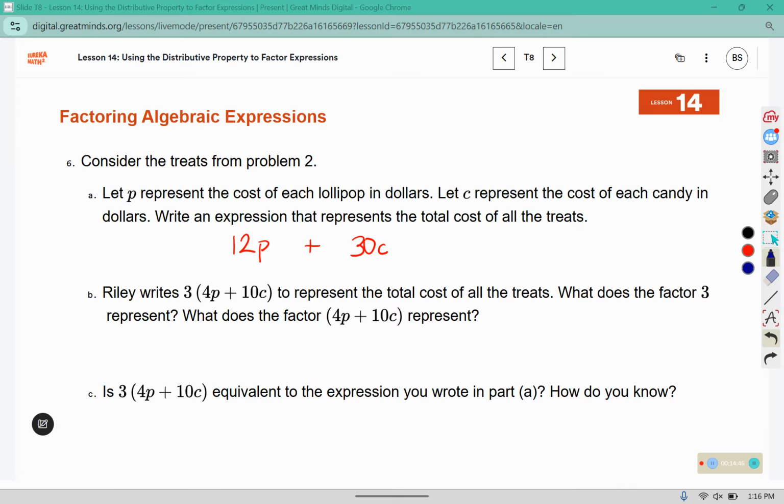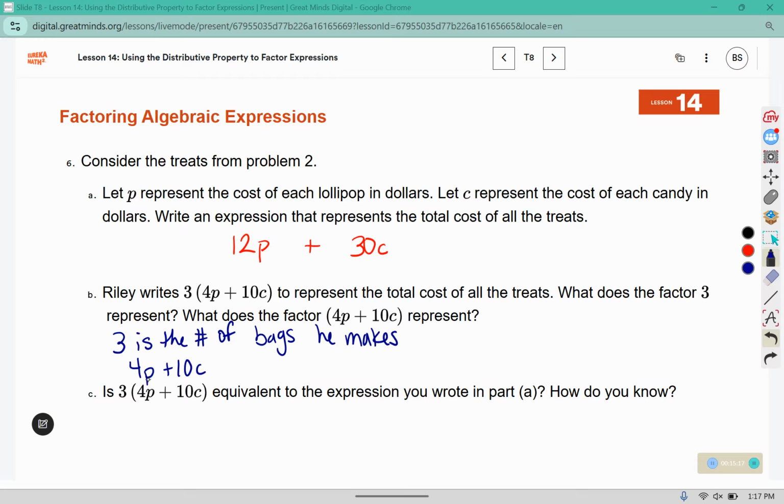Part B says, Riley writes 3 times (4P plus 10C) to represent the total cost of all the treats. What does the factor 3 represent? That is still the number of bags. What does the factor (4P plus 10C) represent?